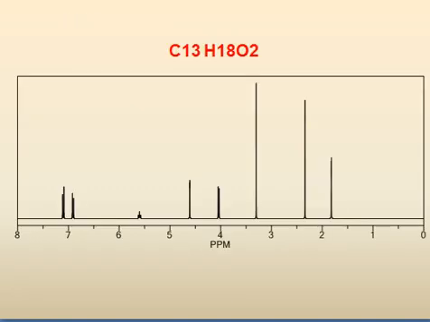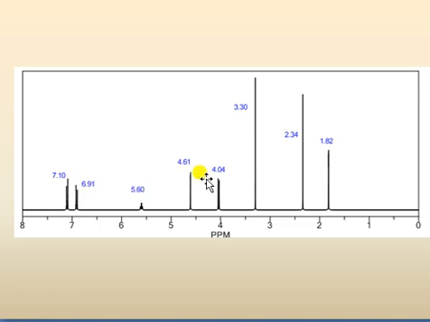Just see, this is a doublet now, at 4.40, but at 4.6 it is a singlet. At 4.6 a singlet, 4.40 is a doublet, and all the other protons are the same. So there may be some change in these two groups which were attached here.